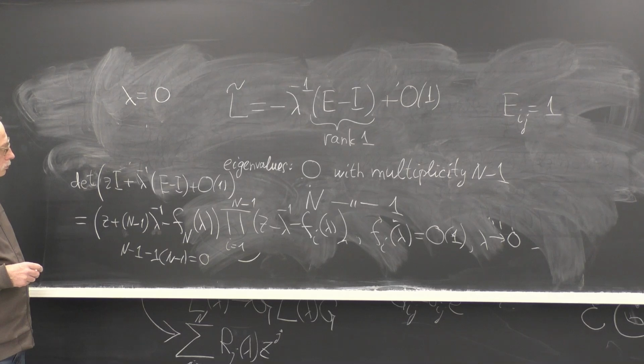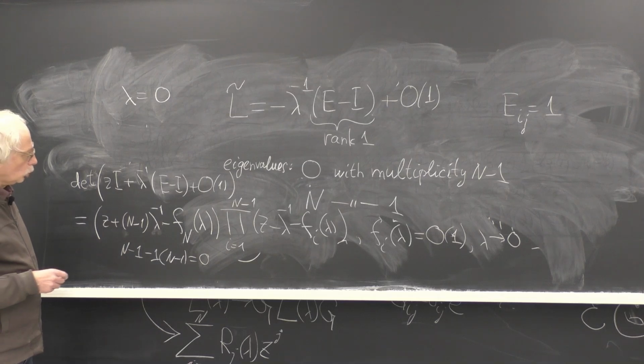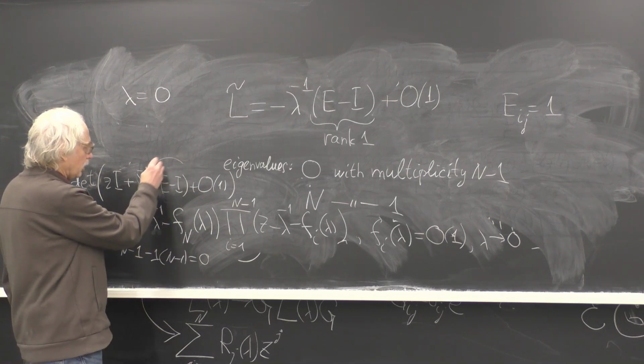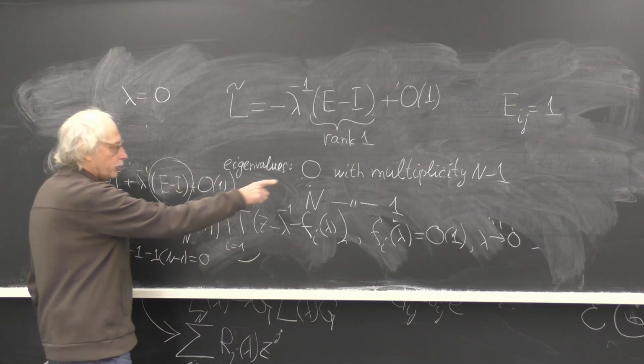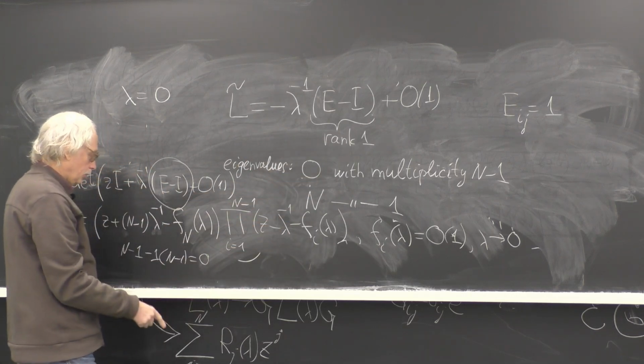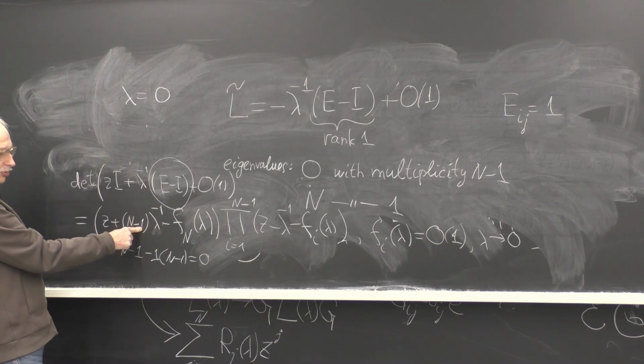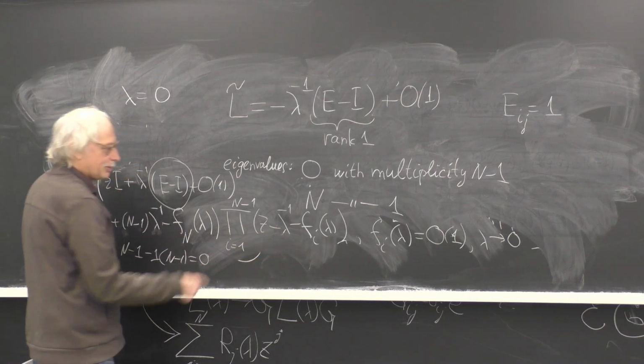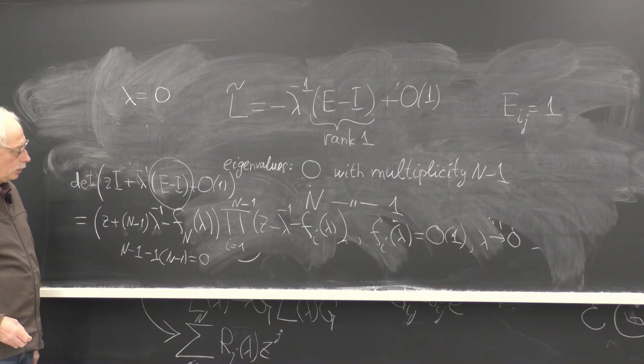So the multiplicity of minus 1 is n. No, here we have eigenvalues of this matrix. So these eigenvalues are minus 1. Because of this, we have minus 1 here and minus 1 here.